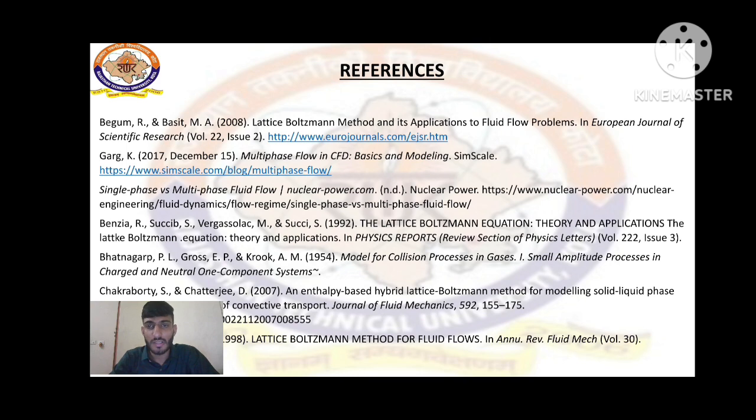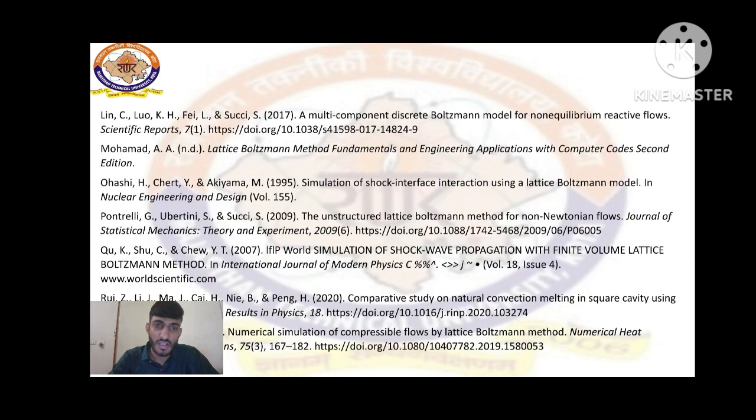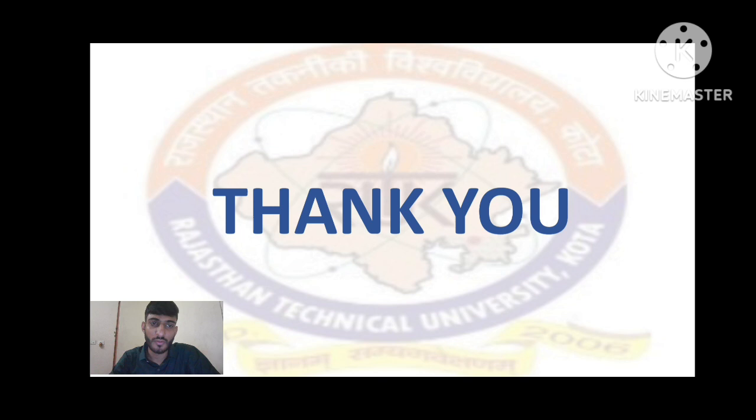It has the ability to simulate complex boundaries such as multi-phase, multi-component flows, and is also a potential tool for such flow simulations. But if we talk about conditions like supersonic conditions, many models are developed but still need further study to understand the potential of the lattice Boltzmann method to simulate supersonic fluids. So this is the conclusion of the whole presentation.